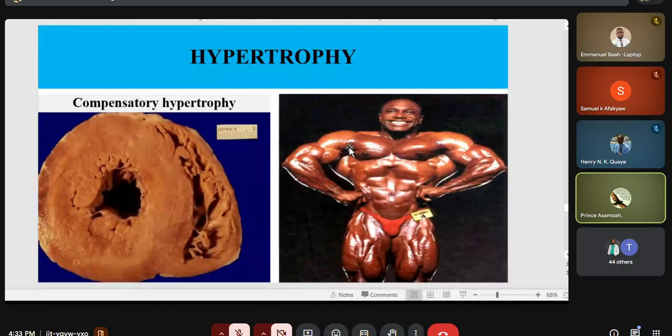It's not that the number of cells has increased; rather, the sizes of the cells have increased.